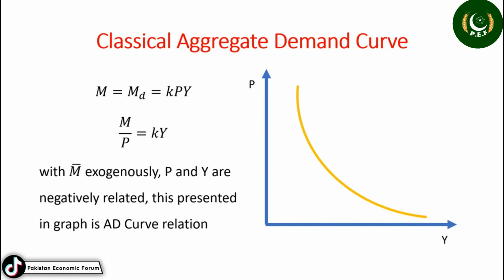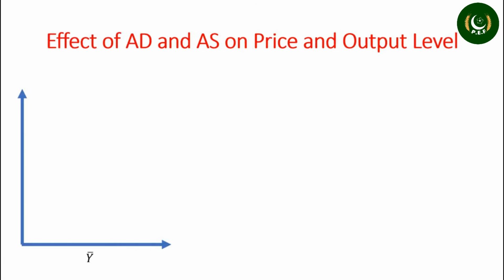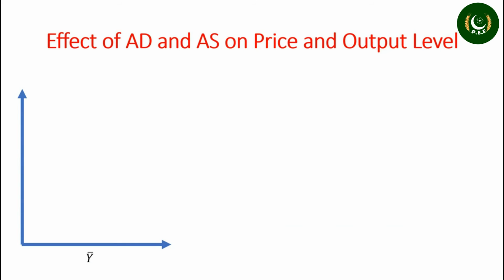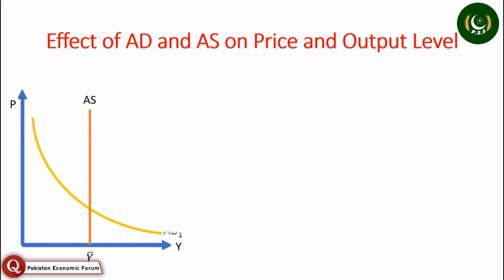The effect of aggregate demand and aggregate supply on price level and output level. Students, the output level in classical economy is determined by the position of aggregate supply. Any movement in aggregate demand will only influence the price level.